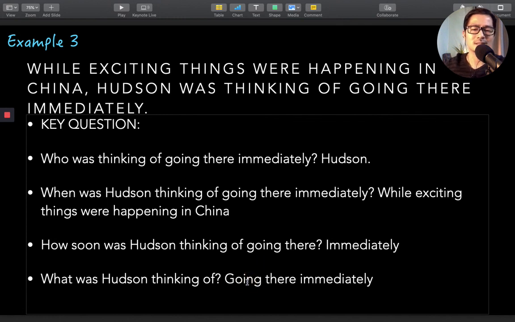Why is that the answer for a what question? Going is a verb only if there is a be verb: was going, are going. Otherwise, it's not a verb. We call this a gerund, which we're going to talk about much later.